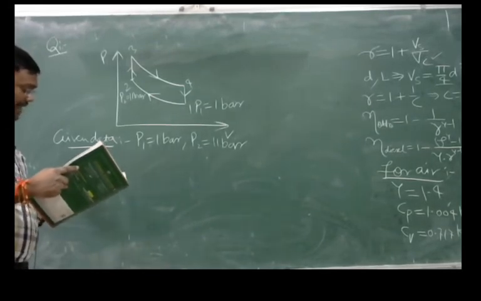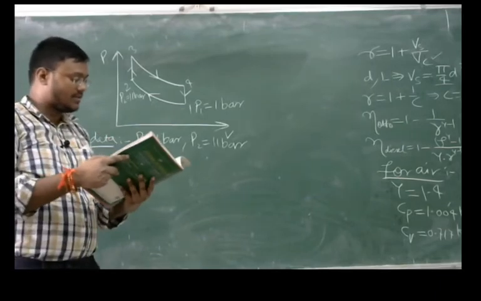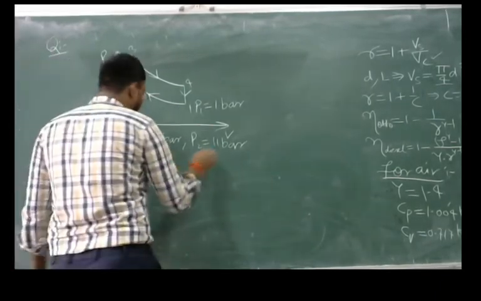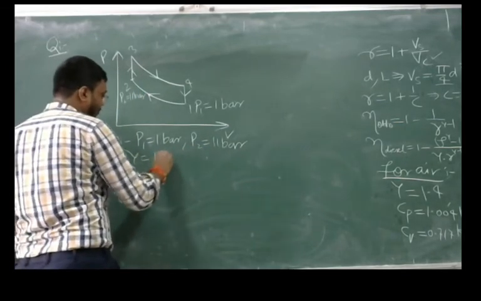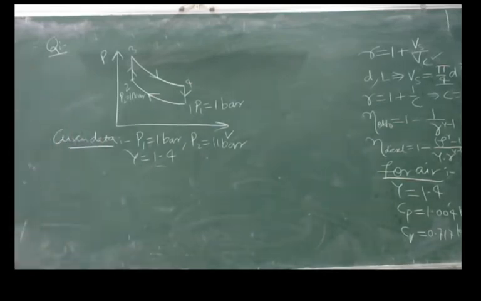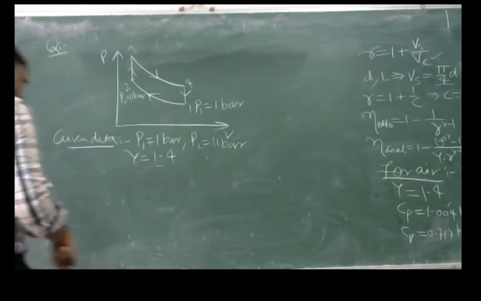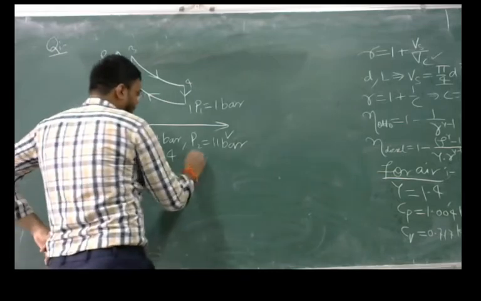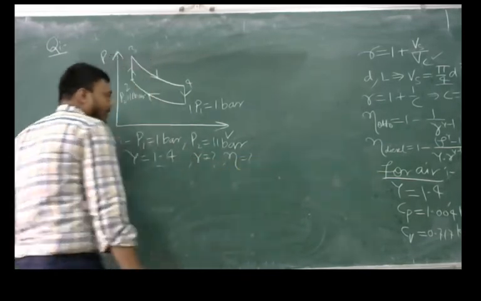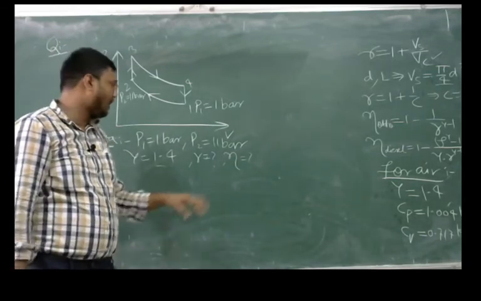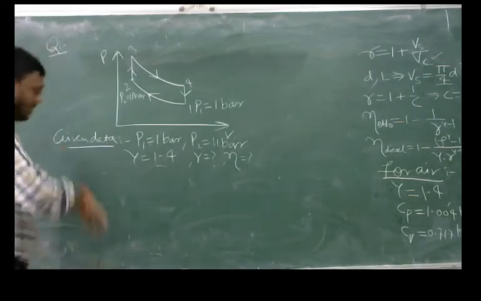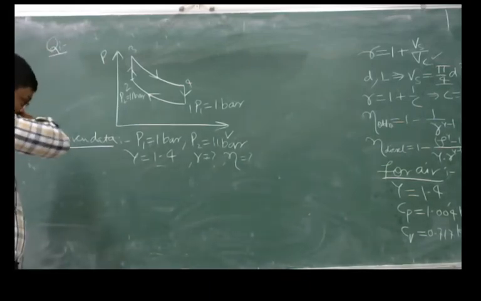Now calculate the compression ratio and air standard efficiency of the engine. Assume gamma is equal to 1.4, which is given in this question. The question is asking us to calculate the compression ratio R and the efficiency eta of the cycle.